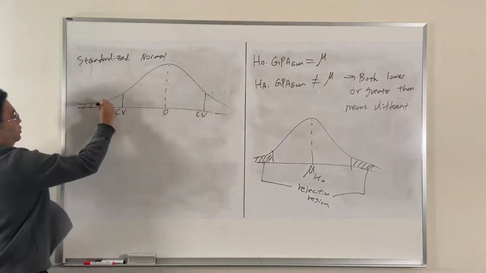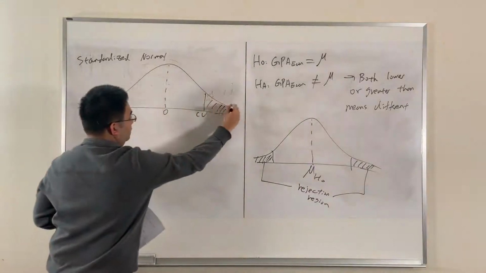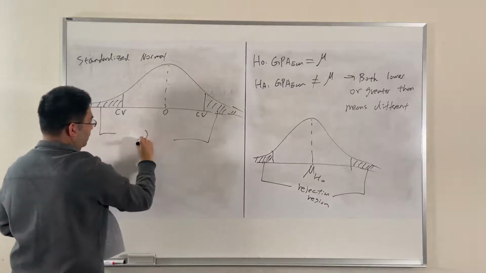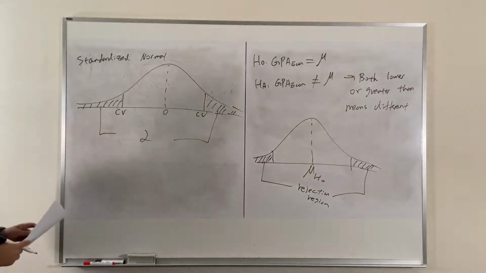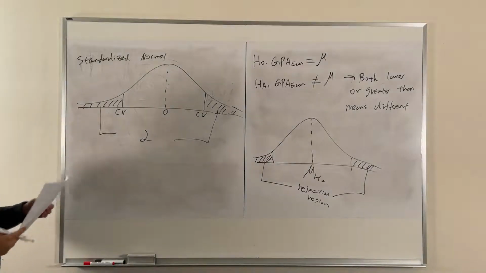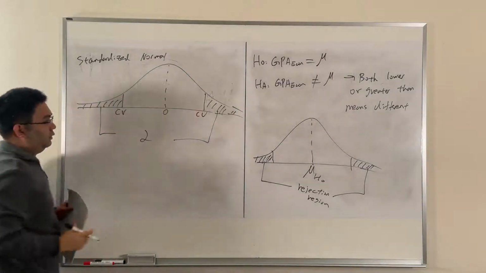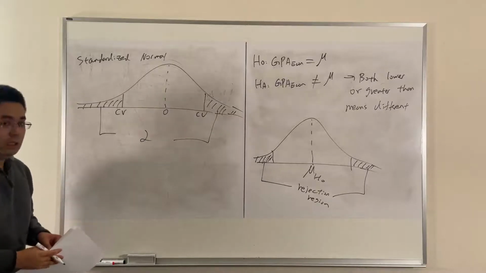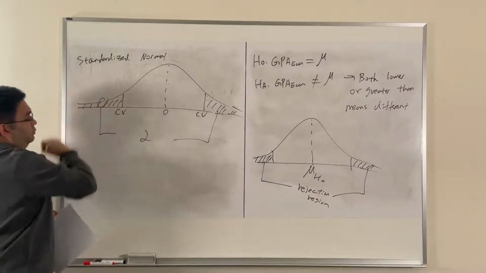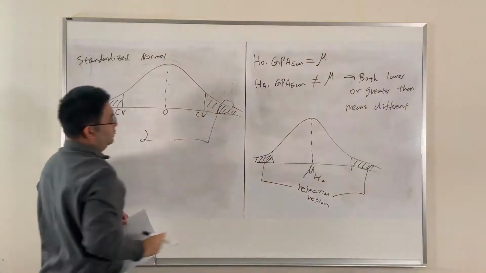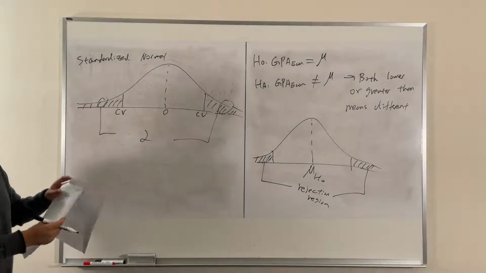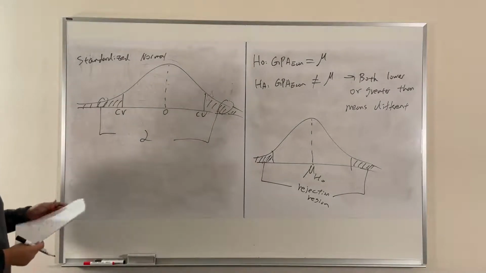And these two rejection regions add up to be your alpha, which is your significance level. And the reason you add up these two, from the definition of alpha, is that you are going to make a mistake on this side and this side, right? So they sum up to be your alpha, which is your significance level.